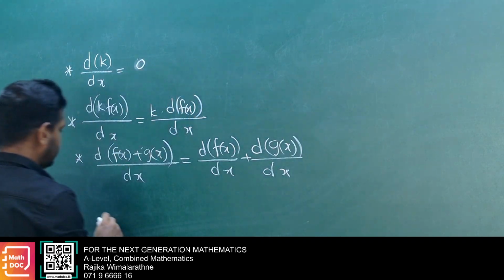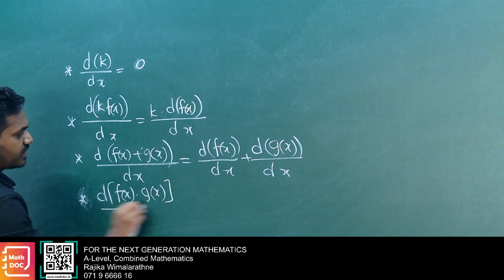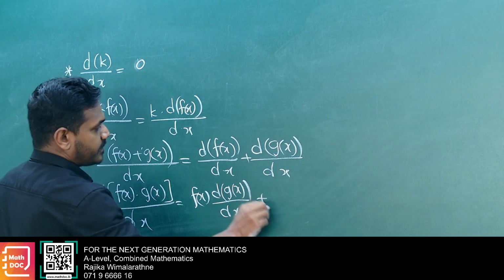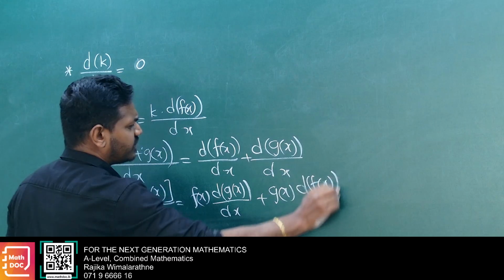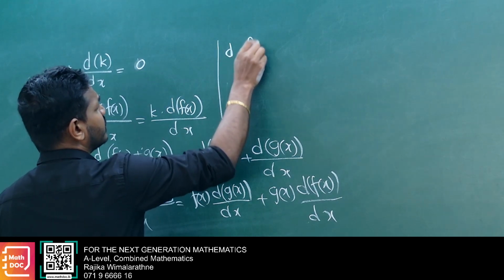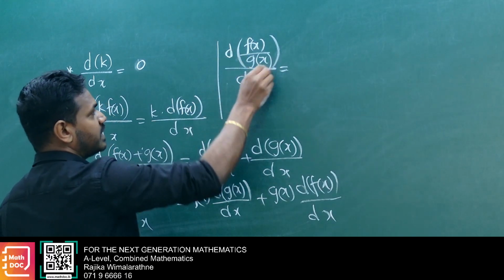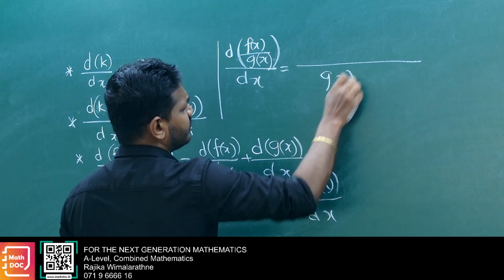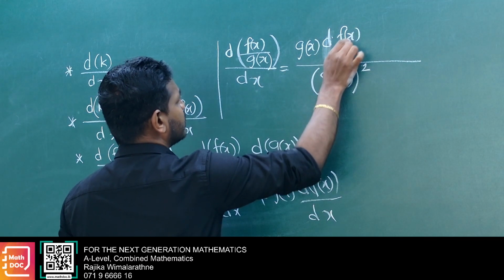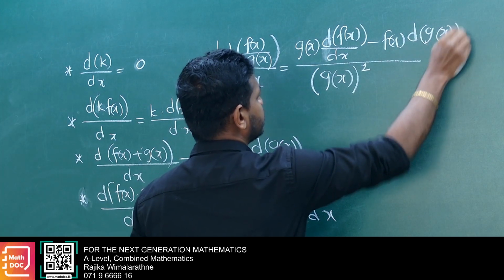Then d of f(x) times g(x): the product rule gives f(x) times dg(x) over dx plus g(x) times df(x) over dx. For d of f(x) over g(x) over dx, we differentiate f(x) over g(x) by x: g(x) squared in the denominator, and in the numerator g(x) times df(x) over dx minus f(x) into dg(x) over dx.